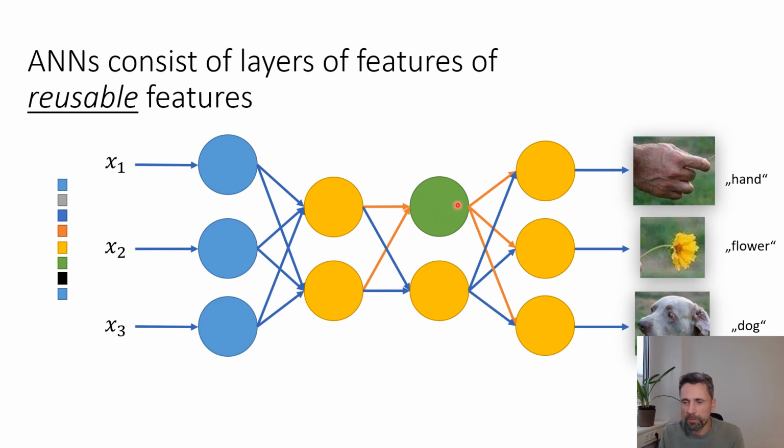So some of these patterns may play a role in each of these objects. For example, certain gradients or corners are important in the existence of a hand and flower and dog, but the specific weight for them in the pattern that these units look for may vary.